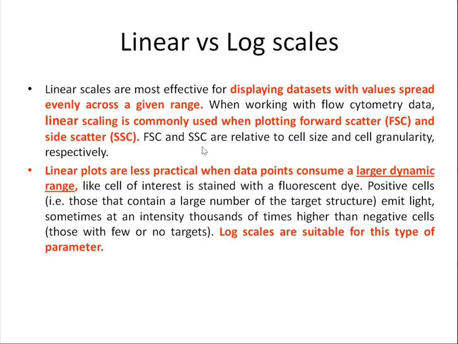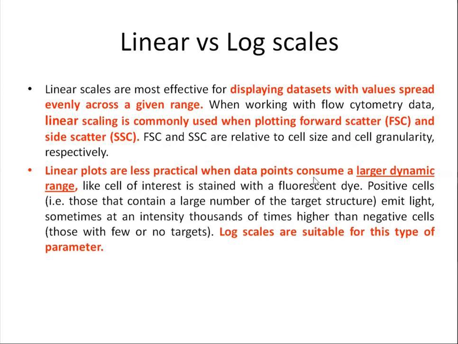Okay, so side scatter and forward scatter are related to cell granularity and cell size respectively, and they can be used in linear scale. But linear scales are less practical when the data points cover a larger dynamic range, as with fluorescent markers. Okay, so for example, if you take anything, say CD19.